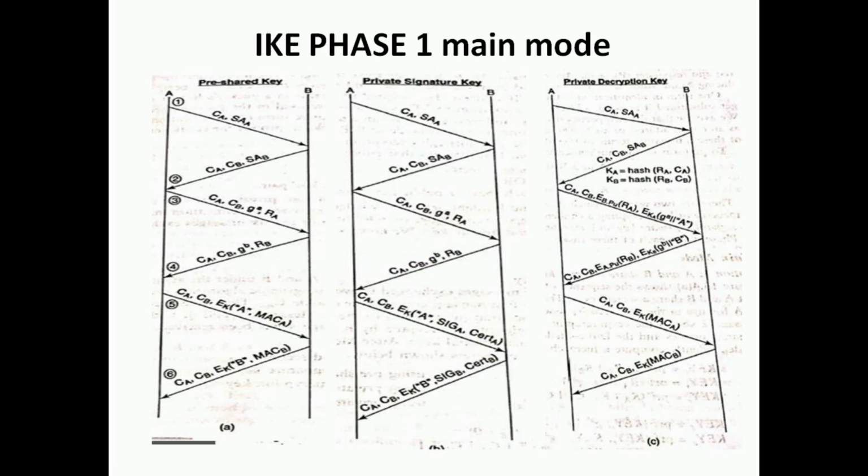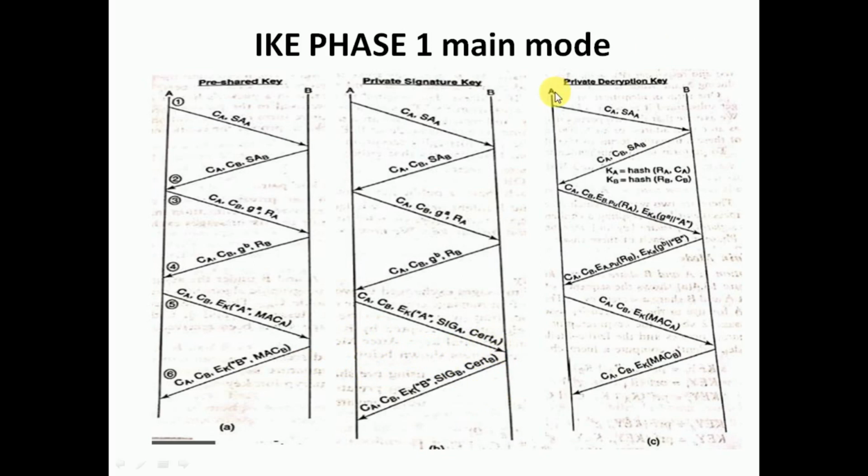And also A and B dispatch their signing key certificates in messages 5 and 6 so the other party can perform signature verification. So whatever MAC is computed here is encrypted, or digitally signed, using their private keys, and both send their signing key certificates so as to perform the signature verification.